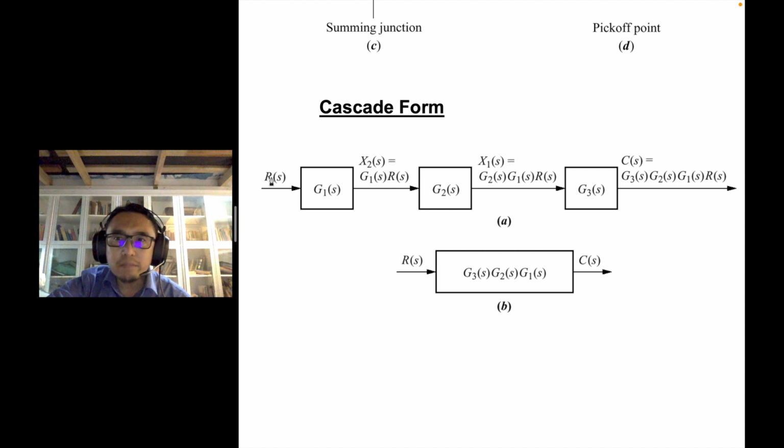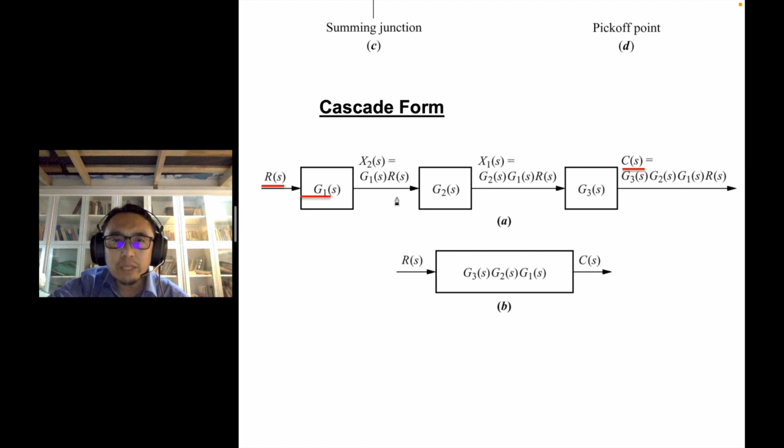You have the input R and the output C. The output of the first block, x2, is just G1 times R.